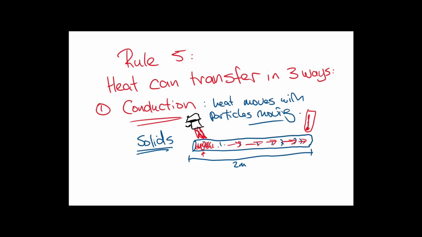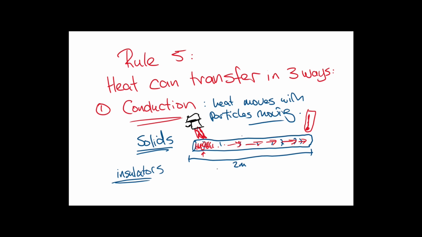So we can exploit things that conduct heat. I mean, your frying pan is great. It works because it conducts heat. We can put heat in it and the heat will move down a solid. We can also use things which are insulators. Insulators are things that do not conduct heat well.